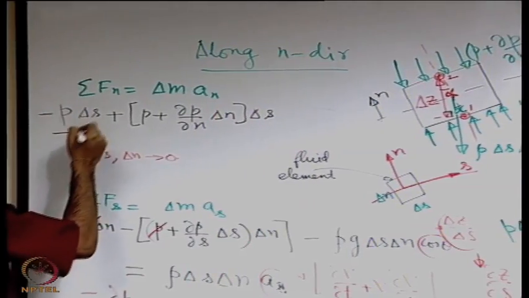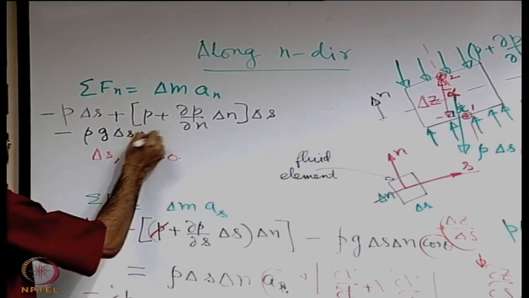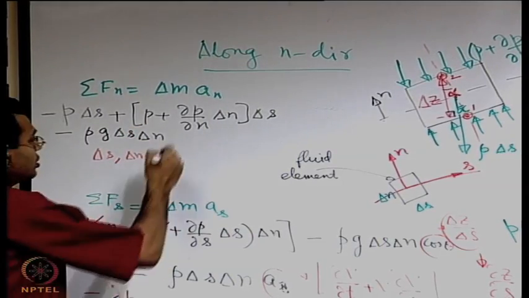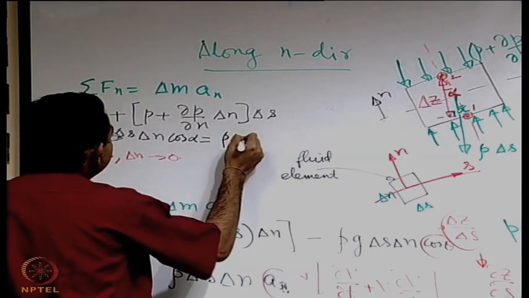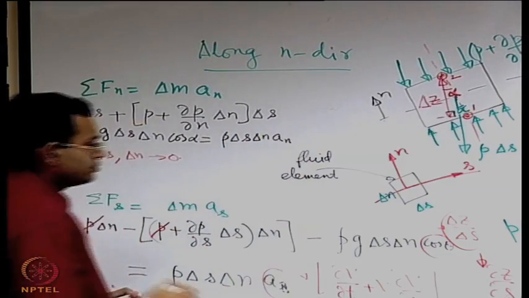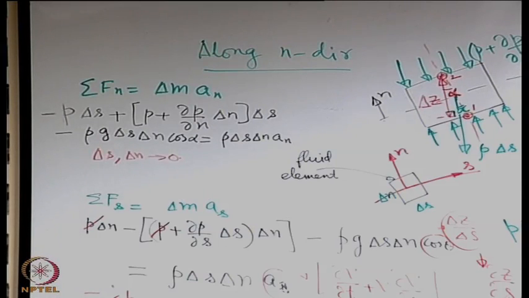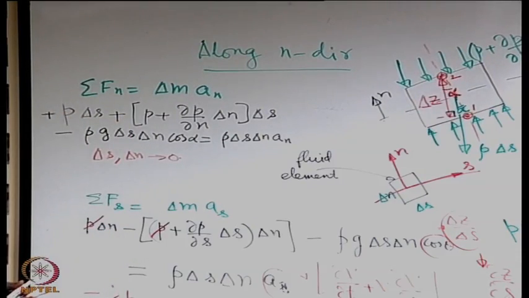So, minus rho g delta s delta n into cos of the angle alpha is equal to rho delta s delta n into a n. Okay. So, the first one is plus and this one is minus. Okay.